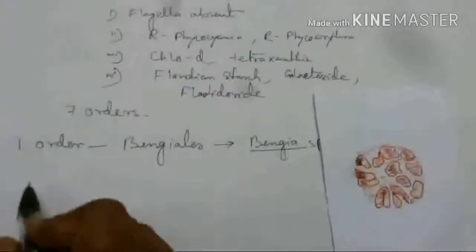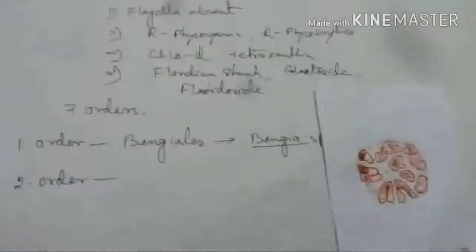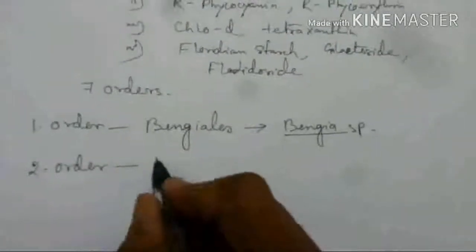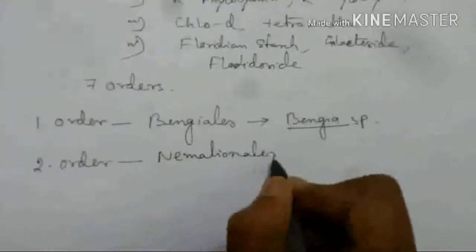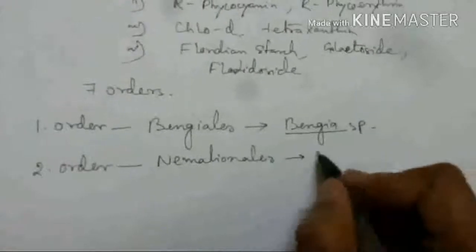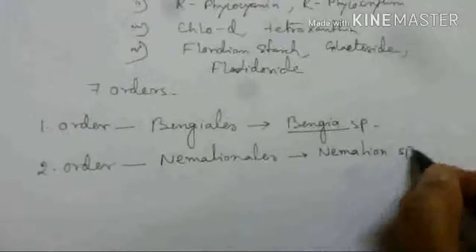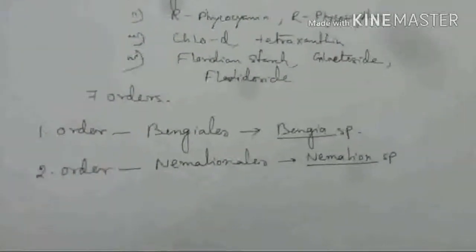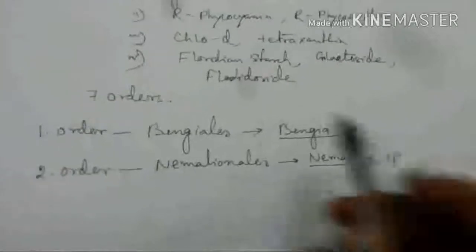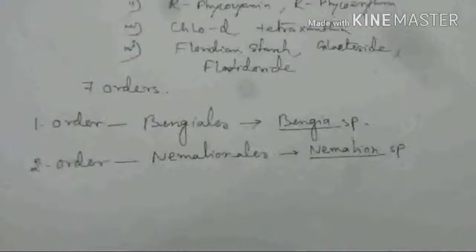And the next order is Nemalionales, and an example of this order is Nemalion algae. Batrachospermum is also an example of this order.